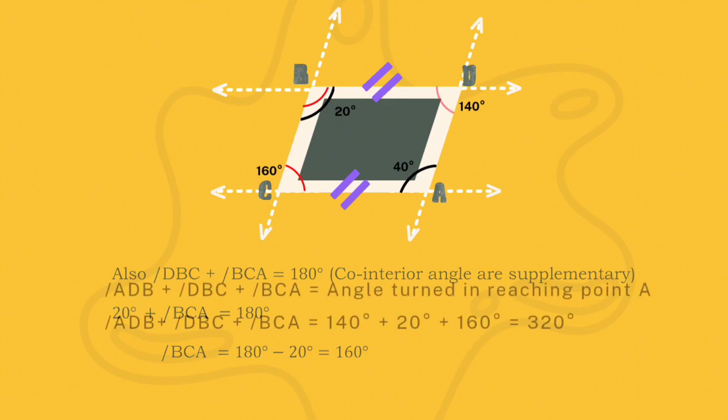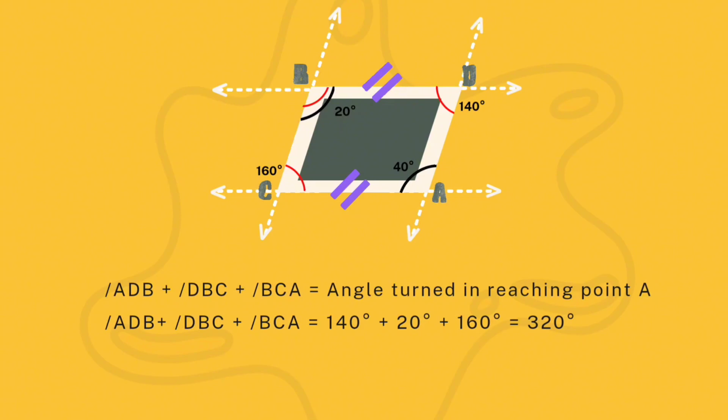So as discussed, the angle turned in reaching point A is angle ADB plus angle DBC plus angle BCA, which is 140 degrees plus 20 degrees plus 160 degrees, which comes to 320 degrees.